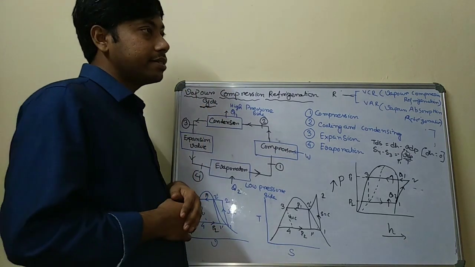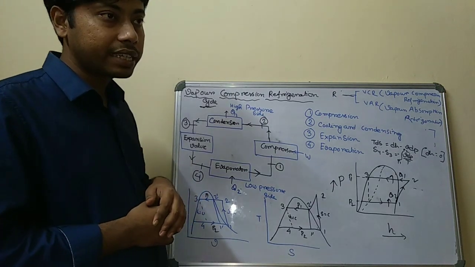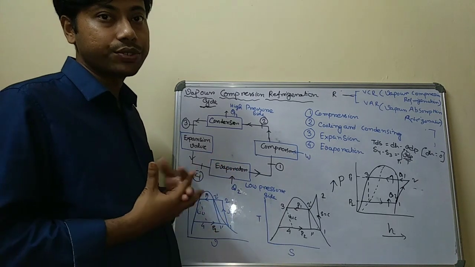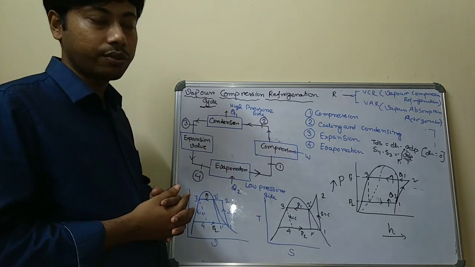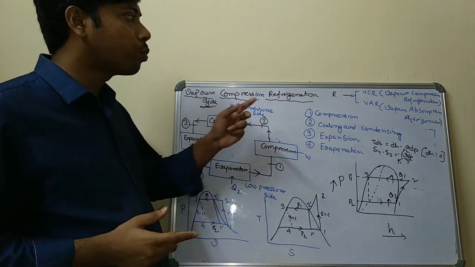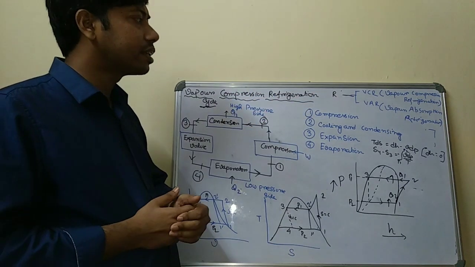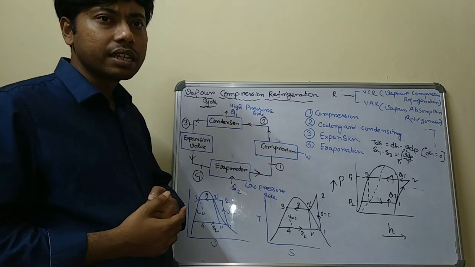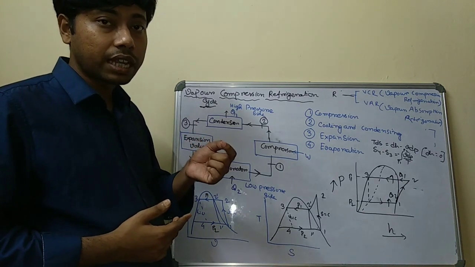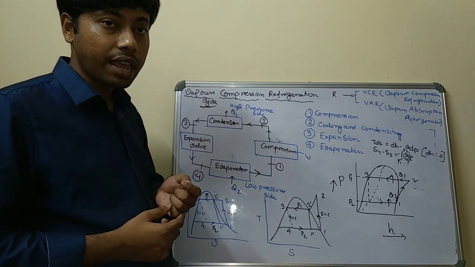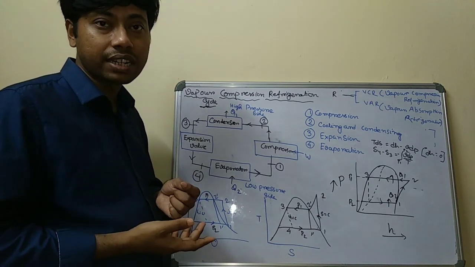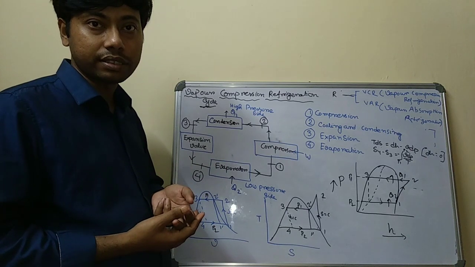As you know, the refrigeration cycle is required where a cooling space or cooling system is required. One more point between VCR and VAR: in the VCR cycle, the efficiency is much higher compared to the VAR cycle. The energy used to produce the refrigerating effect is mechanical energy.